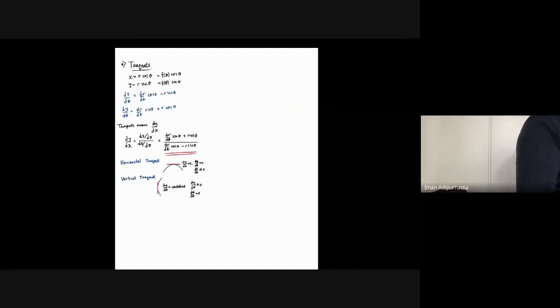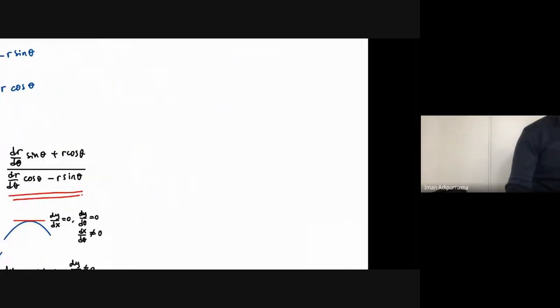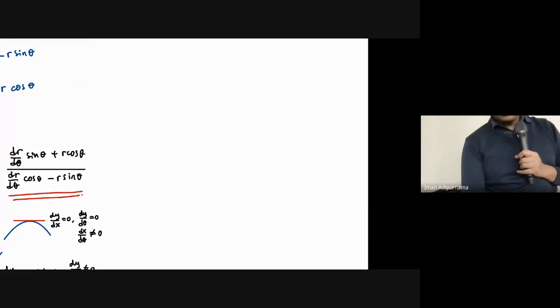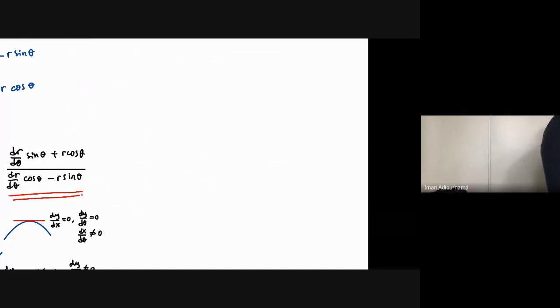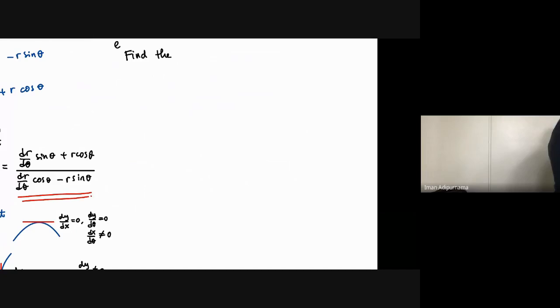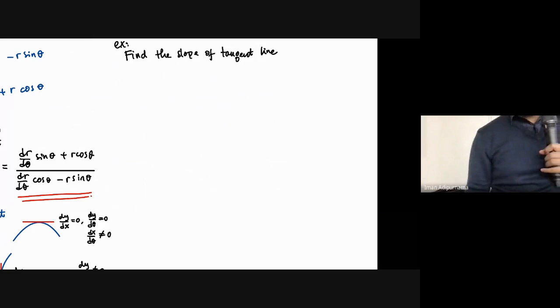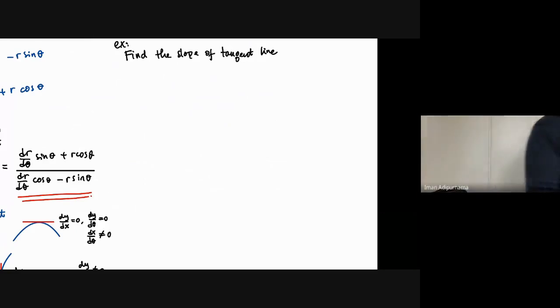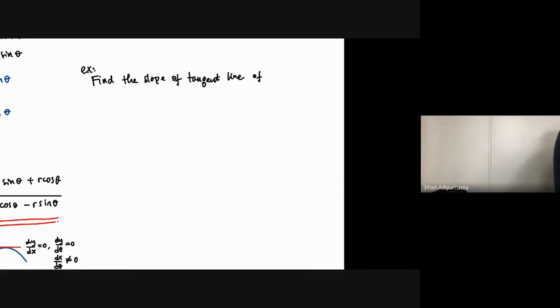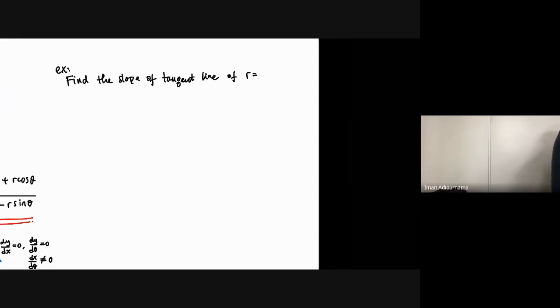Okay, let me give you some examples for tangent. Find the slope of the tangent line of r equals 1 plus sine theta.